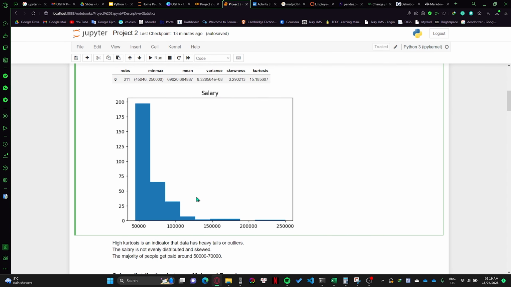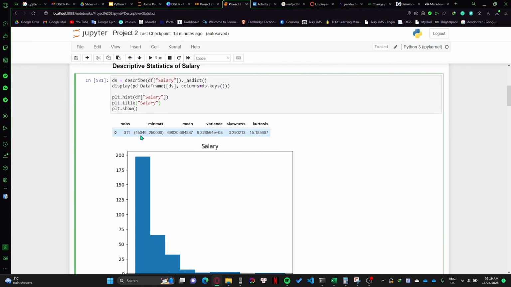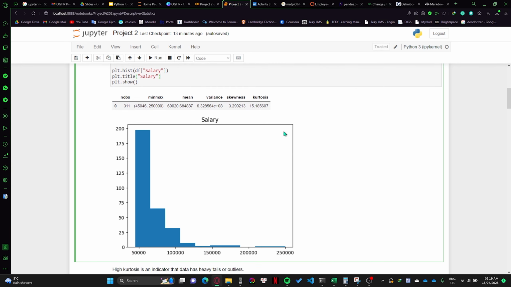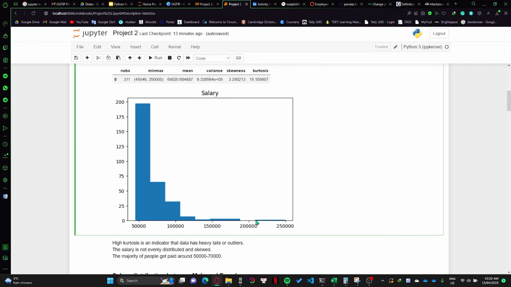By looking at this descriptive statistic, we can see that the kurtosis value is very high. So it's indicating that the data has very heavy tails or quite many outliers, as you can see right here.